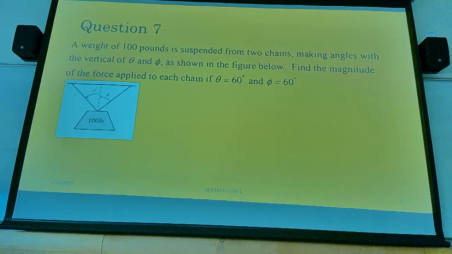A weight of 100 pounds is suspended from two chains, making angles with the vertical of theta and phi as shown in the figure. Find the magnitude of the force applied to each chain if both theta and phi are 60 degrees.